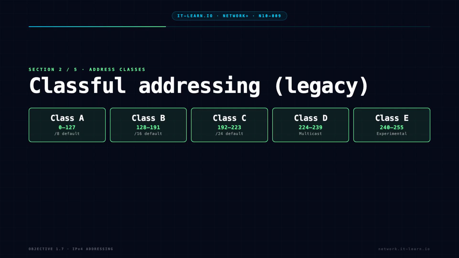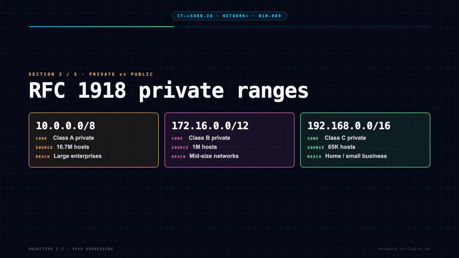The private address ranges are 10.0.0.0 to 10.255.255.255, which is a Class A range. 172.16.0.0 to 172.31.255.255, which is a Class B range, and 192.168.0.0 to 192.168.255.255, which is a Class C range. Any address outside these ranges, excluding special reserved addresses, is a public address that is routable on the internet.